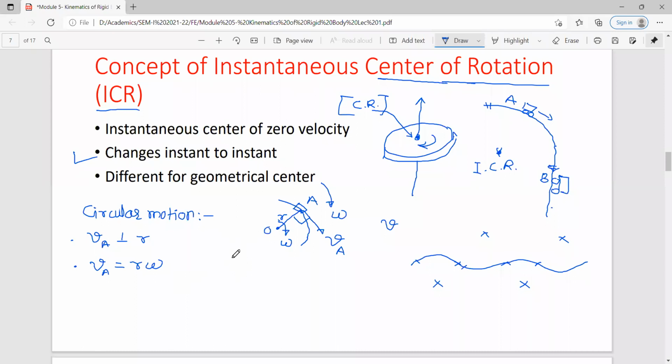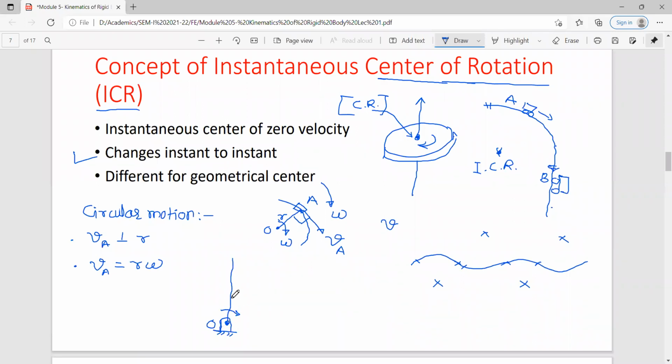For example, this is one rod, a straight rod, and the rod is connected here with a pin. The pin connection is like that.